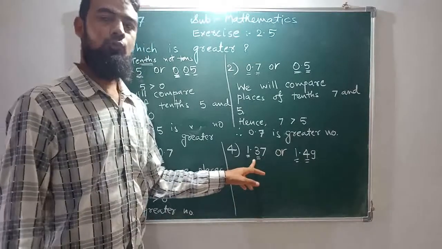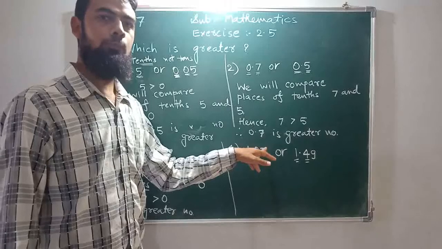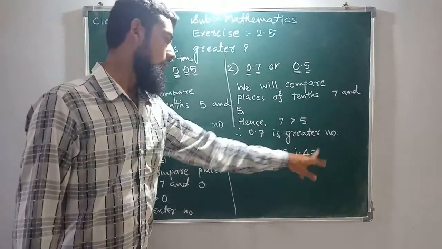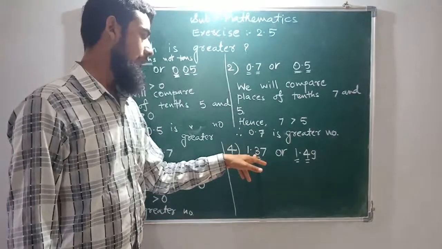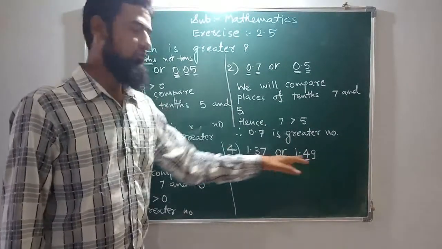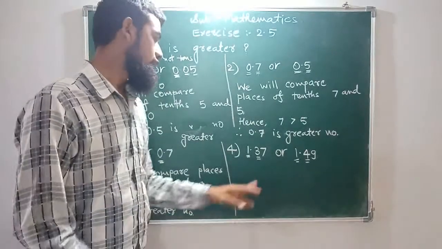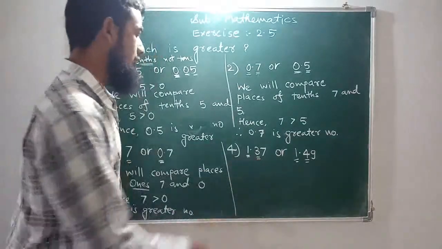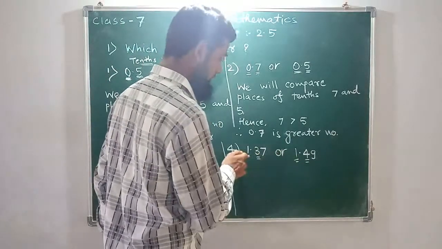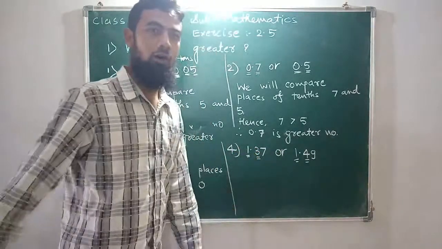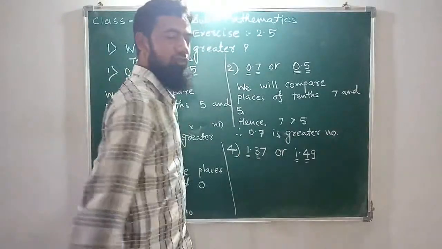If you get the answer here, then you do not need to compare the places of hundreds. Understood? If you are comparing places of tens, so automatically you will get answer. Understood? So here the places of one, both are same. So we will move on the places of tens. Okay?